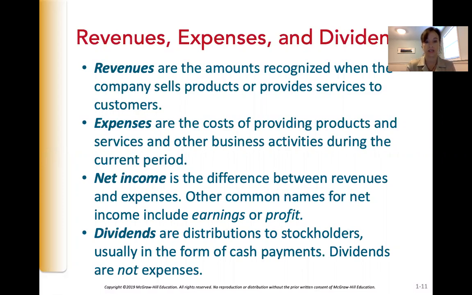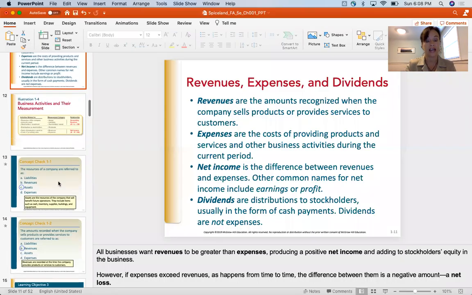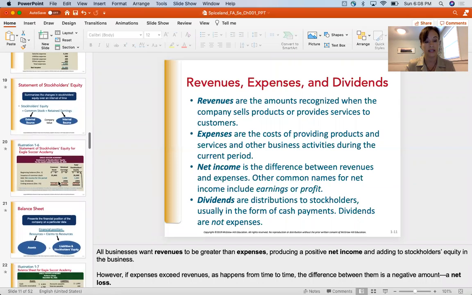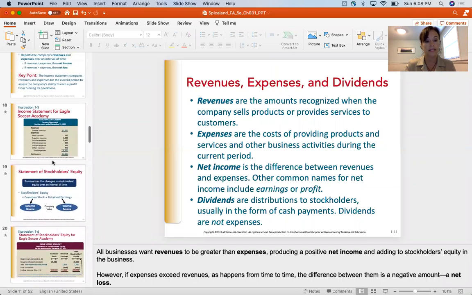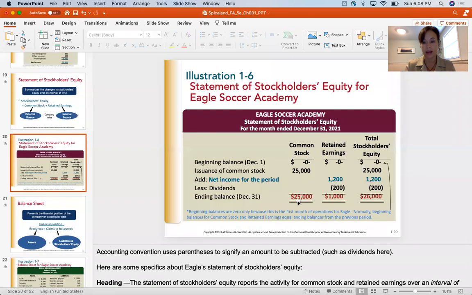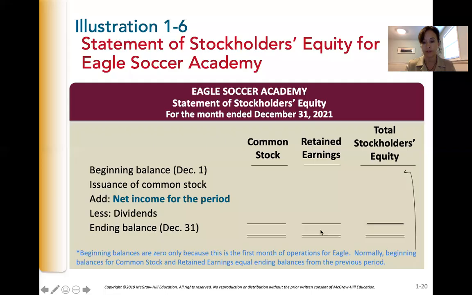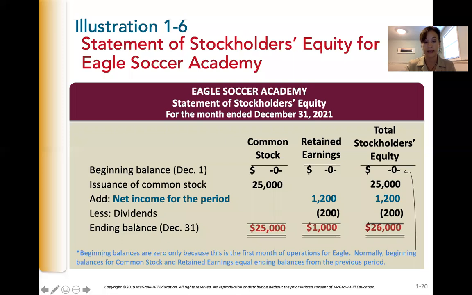So one of the ways you could give something back to your owners is by paying them some of the earnings of the company, and that is called dividends. Primarily, people think of cash dividends when the company pays cash out to the shareholders. But dividends, they're not an expense. They're their own little separate little beast. They get reported separately in an account called dividends. And we're going to show them on the statement of stockholder equity.